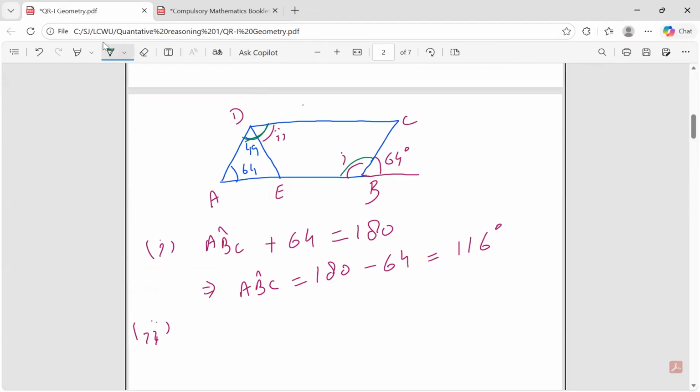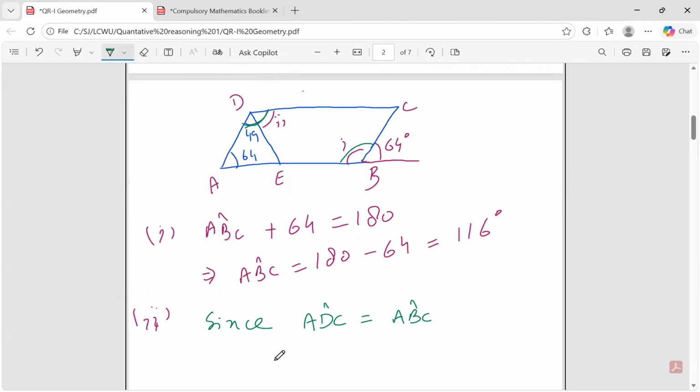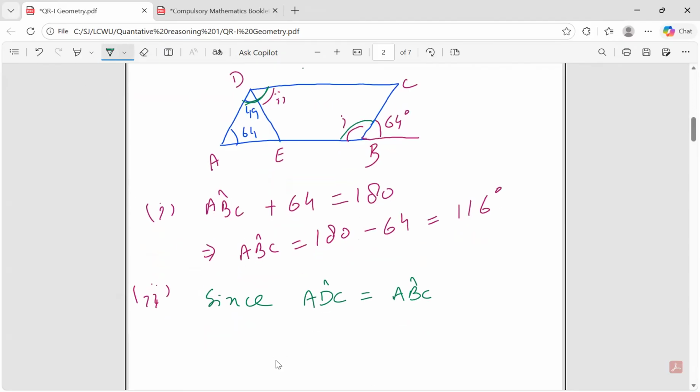Since angle ADC is equal to angle ABC, substituting the values, we have angle ADC is equal to 49 plus angle EDC, which we need to find out for the second part.